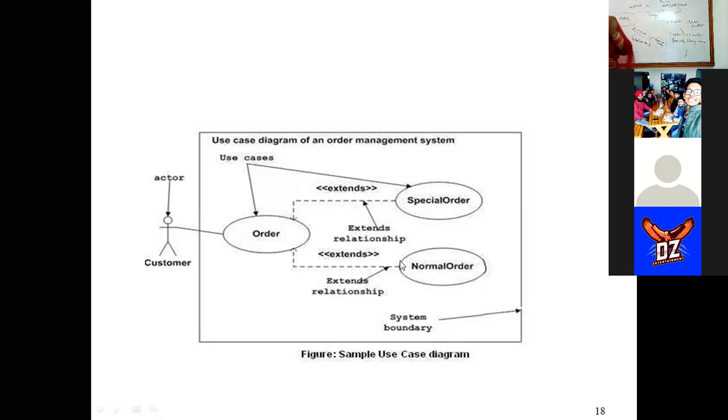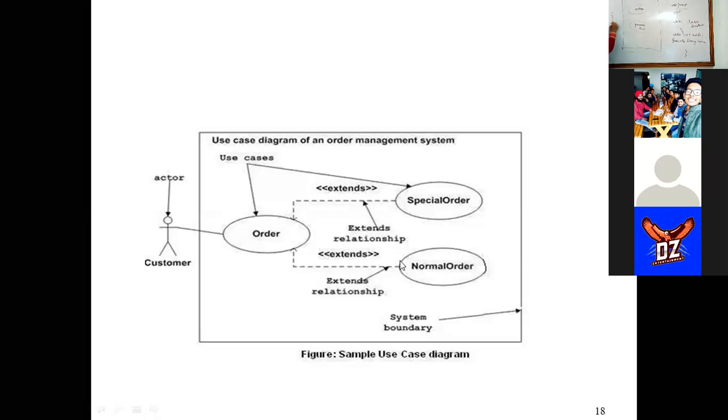I'll draw here because you can understand better if I draw rather than showing you the slides. Suppose this is a restaurant management system. One use case is order, the other is generate bill, or something like that.